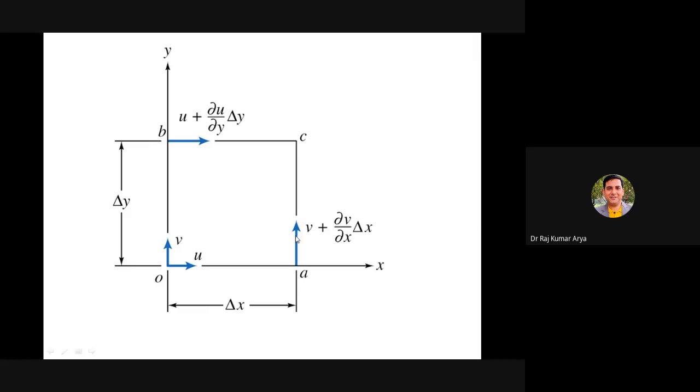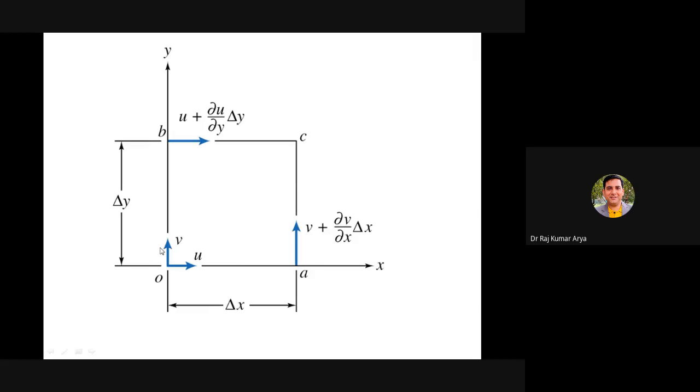So you have moved delta x distance away. You find its derivative, how it is changing with respect to x, and multiply by delta x by 2. That is the velocity component on this particular side.